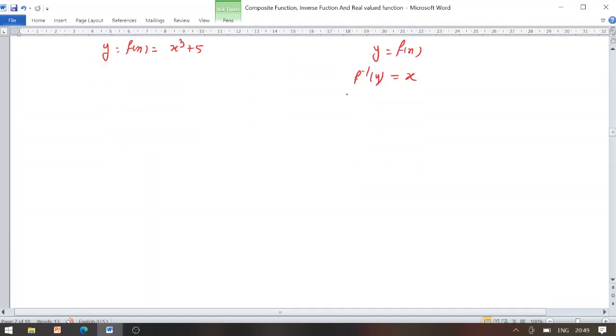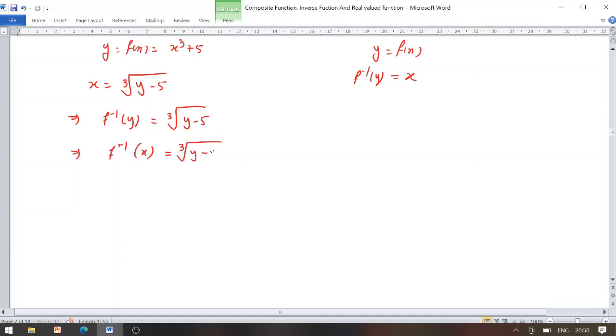We have x equals cube root of y minus 5. So that should imply f inverse of y equals cube root of y minus 5. So ultimately we are finding now the f inverse of x. So replace all y by x, we get f inverse of x equals cube root of x minus 5.